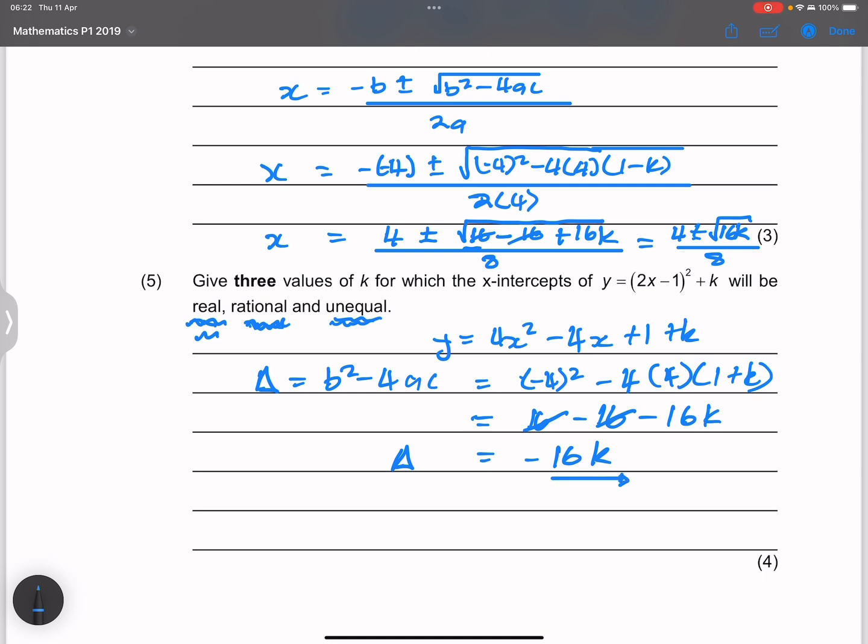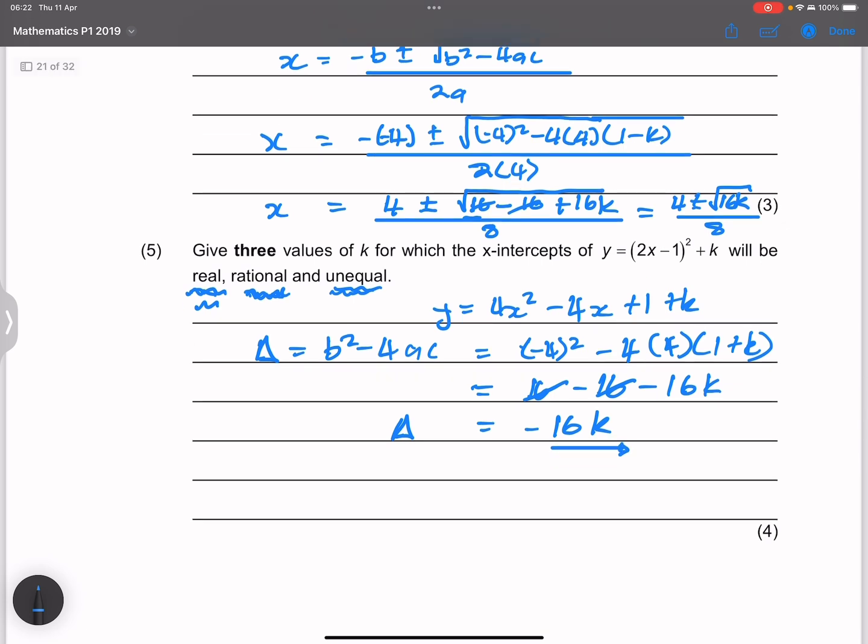Now, it can only be a perfect square in this case if we substitute k as negative 1. Definitely that will be positive 16, which is a perfect square. We can't substitute k equal to 0 because we said delta cannot be equal to 0.